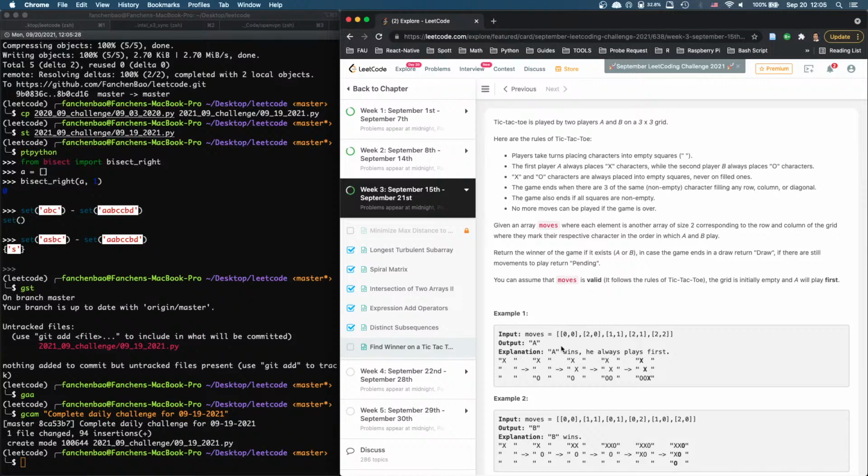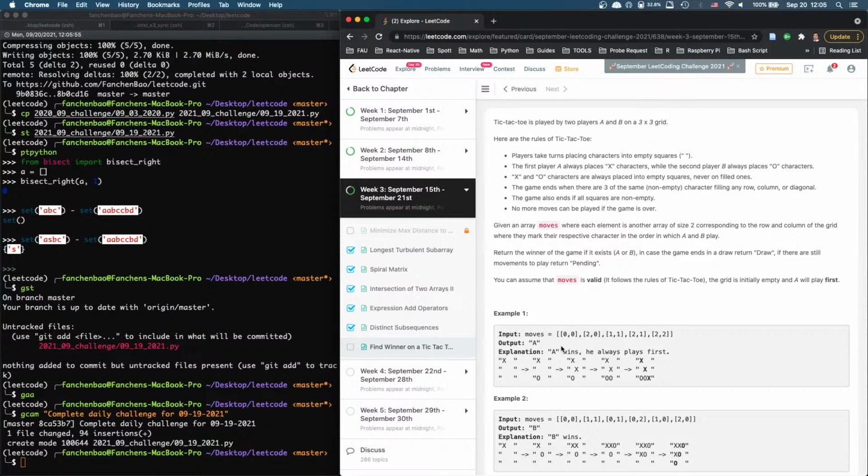We have 3 for all the rows, 3 for all the columns, and another 2 for the diagonals. So 0, 1, 2 will represent the numbers we have on the row, and 3, 4, 5 will represent the numbers on column, and 6, 7 are the diagonals.